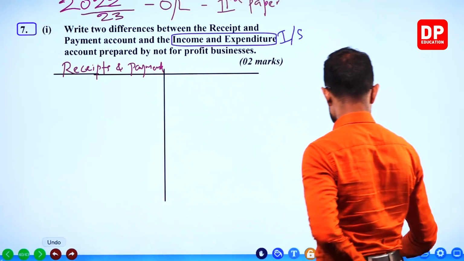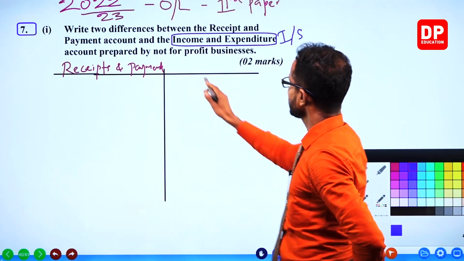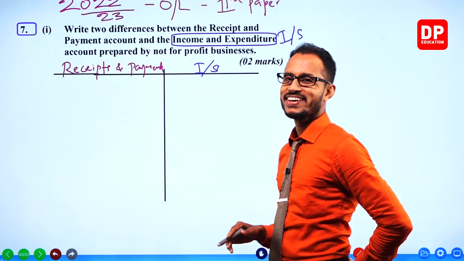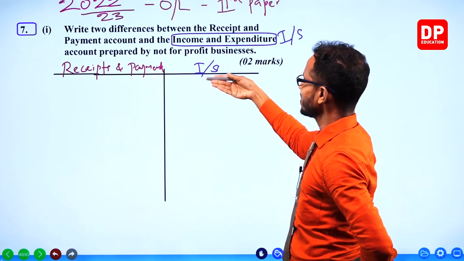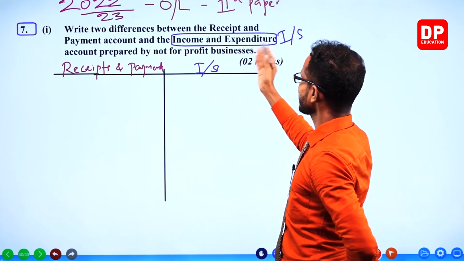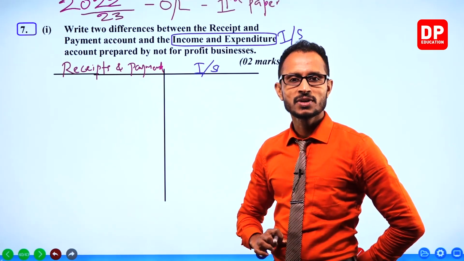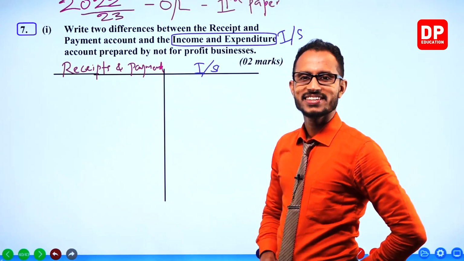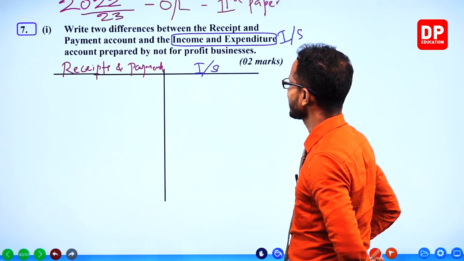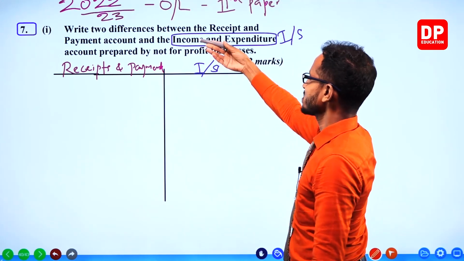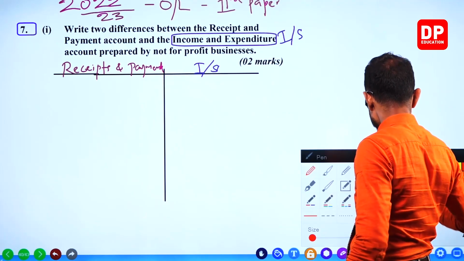I'll use the same color so it's not any more confusing to you. Income and expenditure account is known as income statement. That is the name which is used in the textbook. All right, two differences. Here we go.